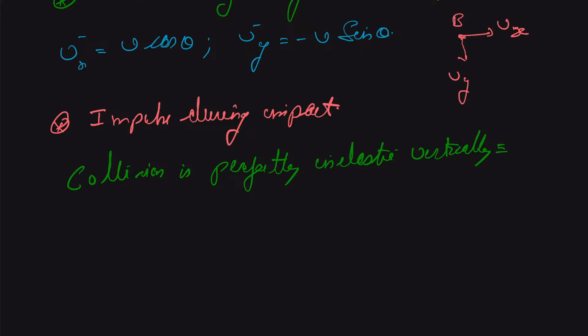Therefore we can say that the collision is perfectly inelastic vertically, so the vertical component just after the impact will be equal to 0. So we can say just after the impact, Vy positive will be equal to 0.